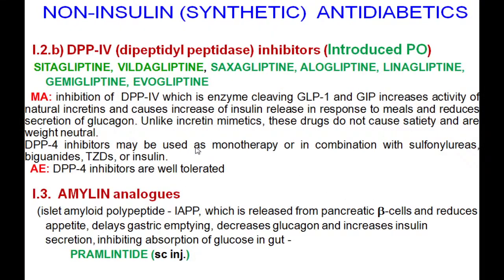In our organism, incretins, GIP and GLP, are cleaved by specific enzyme, dipeptidyl peptidase 4, DPP4. There is the group of inhibitors of this enzyme, DPP4 inhibitors, which are introduced orally, not by injections.